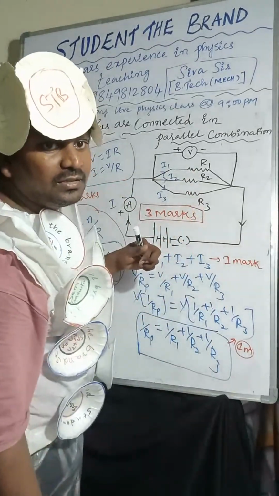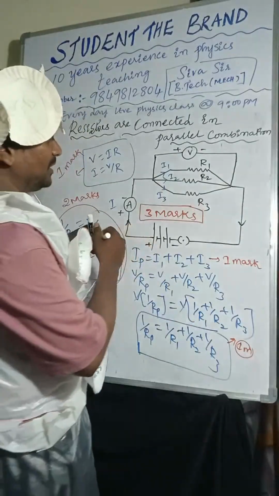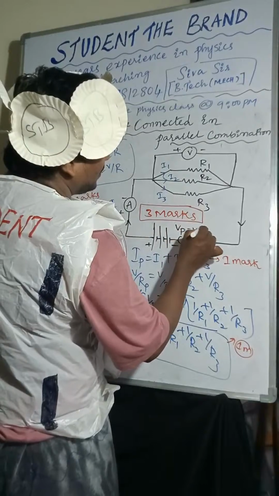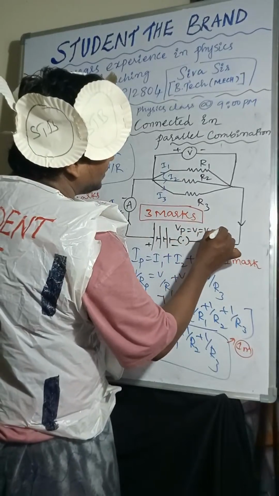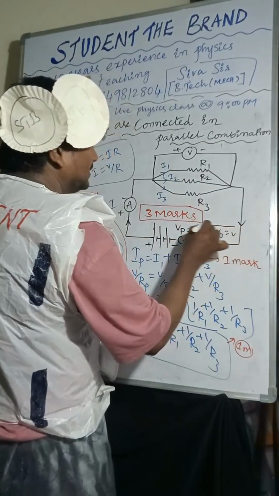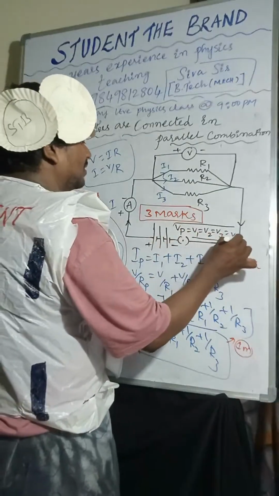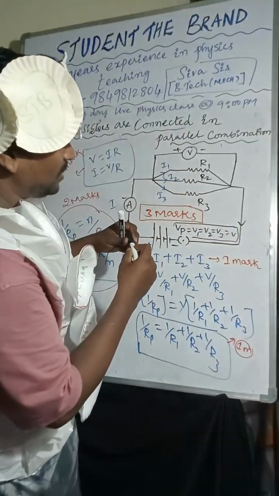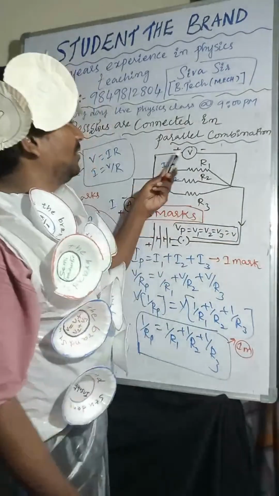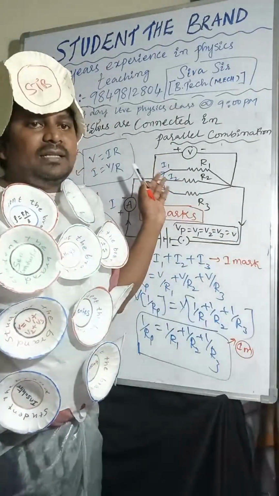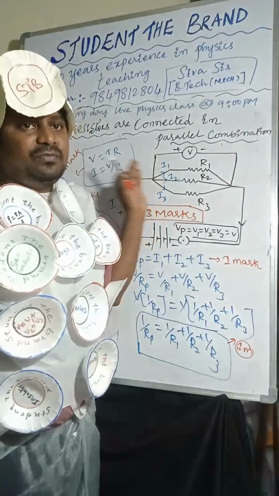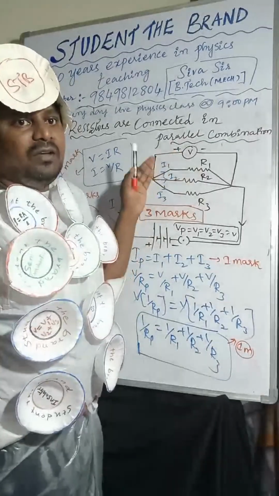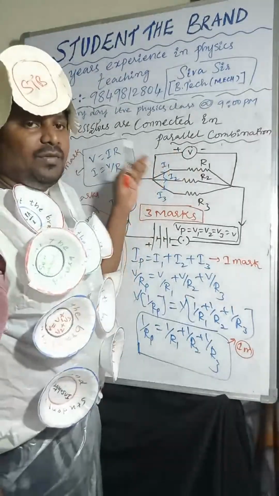So Vp equal to V1 equal to V2 equal to V3 equal to V. Potential difference is constant in parallel combination. Across all 3 resistors we connected only one voltmeter, so that is the reason potential difference is constant. Very, very important concept.